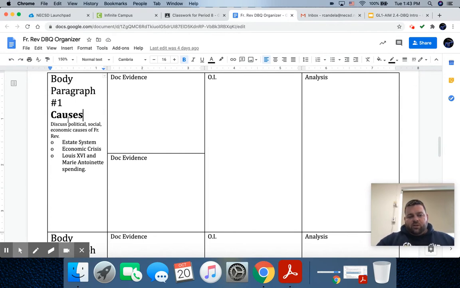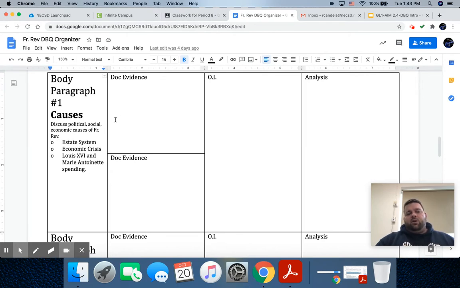As far as causes are concerned, these are all the things I'm going to expect to read about inside of the essay. Through the use of document evidence and outside information, be sure that you discuss all of these things.